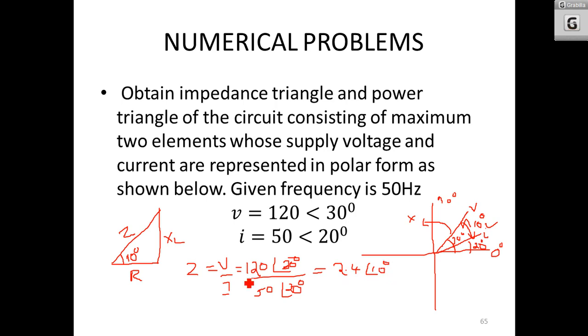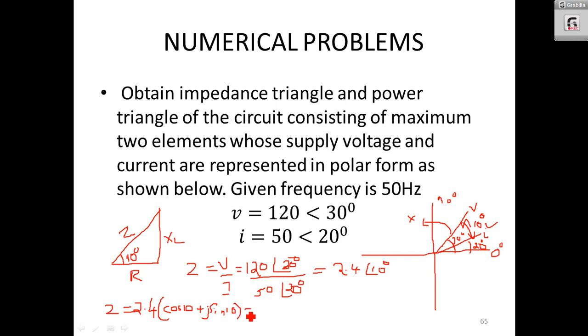Now, how will you convert it into rectangular form? Z is given by 2.4 into cos 10 plus j sin 10.